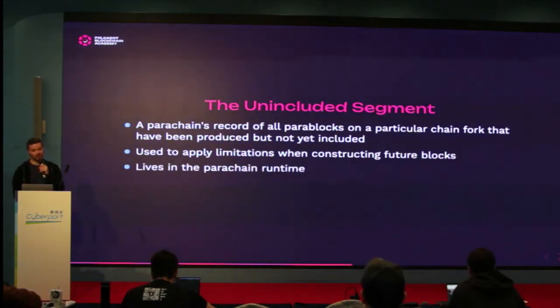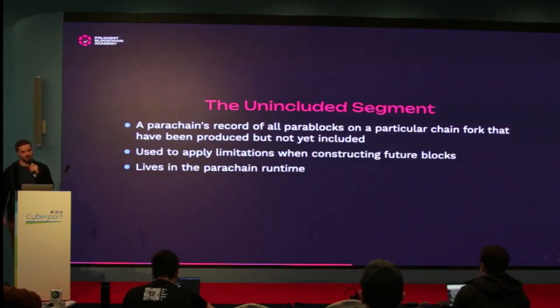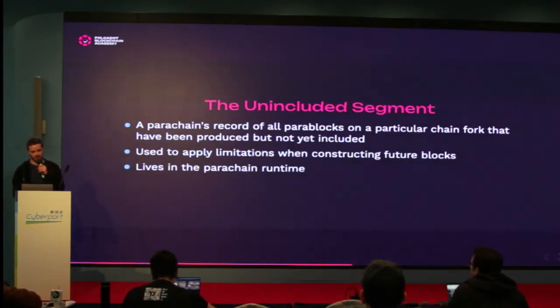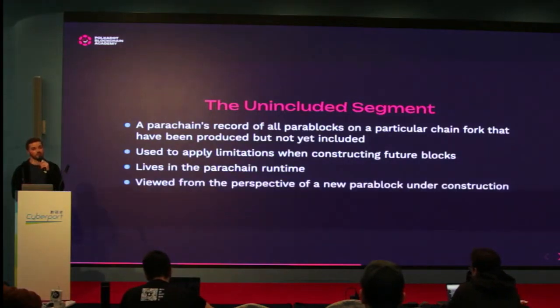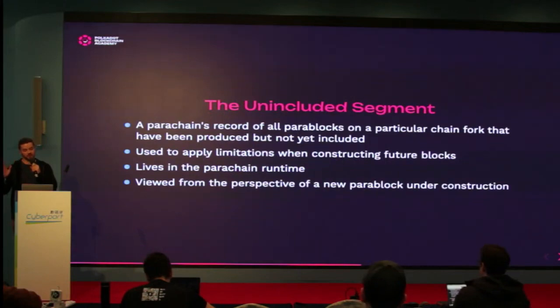And the unincluded segment lives in the parachain runtime. So each unincluded segment is from the perspective of a particular parachain fork, because each runtime is only aware of one fork of the chain. And in this sense, the unincluded segment is viewed from the perspective of a new parachain block that is under construction.